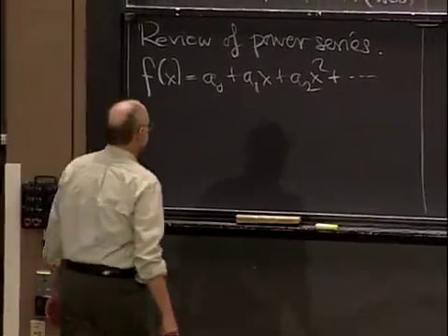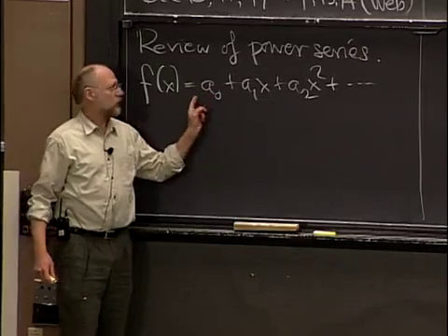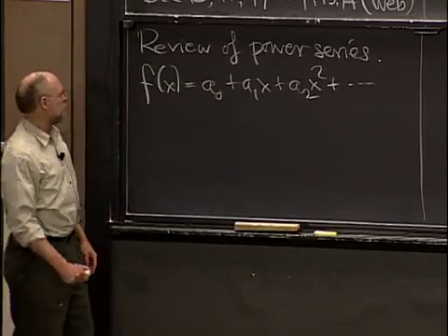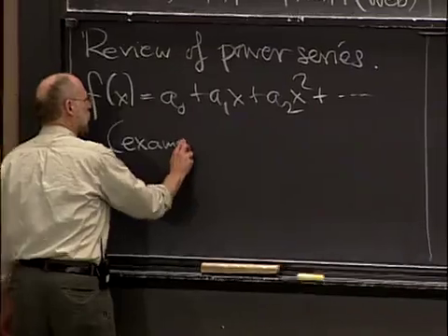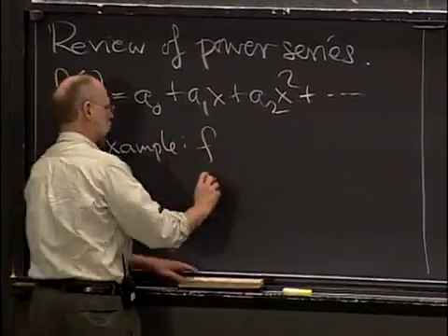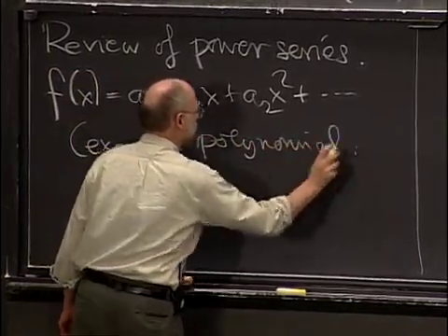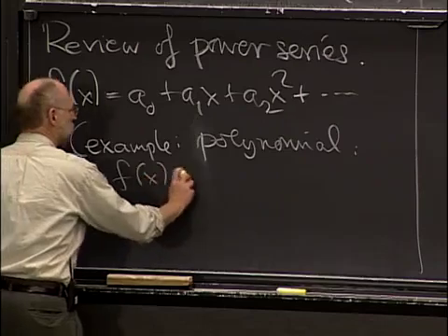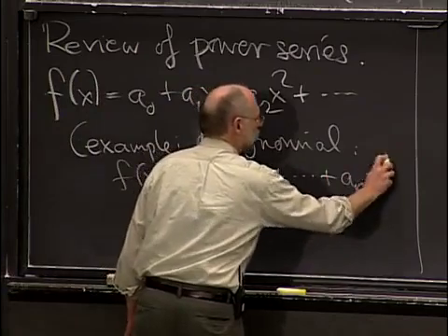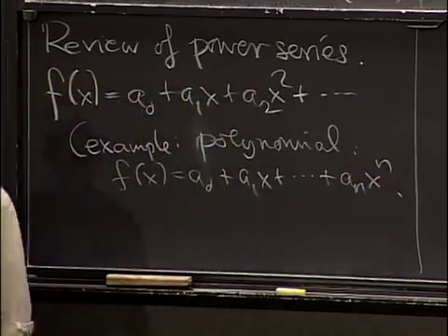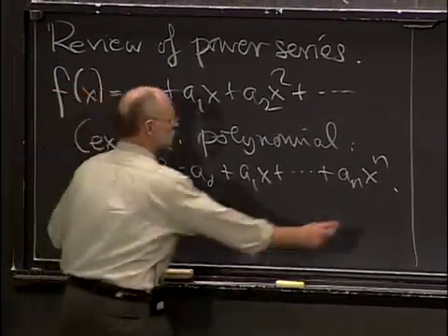So a power series is a way of writing a function as a sum of integral powers of x. These a0, a1, and so on are numbers. An example of a power series is a polynomial. Not to be forgotten, one type of power series is one which goes on for a finite number of terms and then ends, so that all the higher a sub i's are all 0. This is a perfectly good example of a power series.